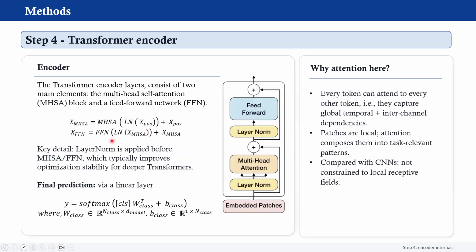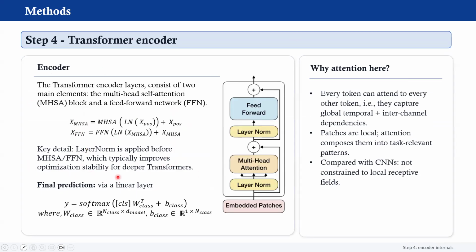And basically you pass that through a layer norm, and then it goes through multi-head self-attention, and then you add it back to the residual. Then what you get from the multi-head self-attention block again gets passed through the layer norm. You pass it through an FFN, add it back to the residual. So this is fairly simple.